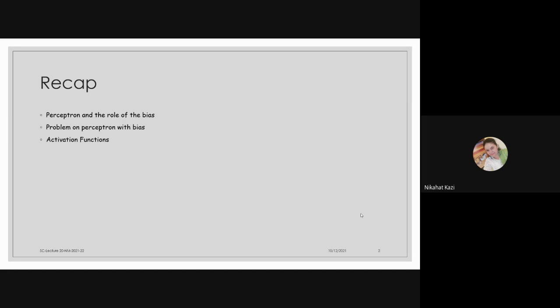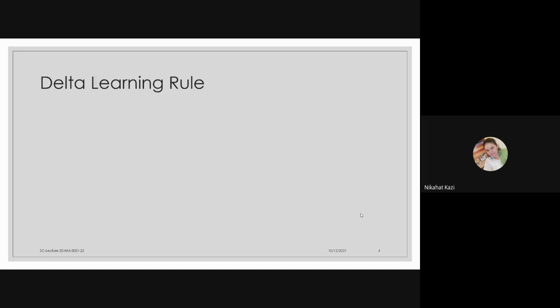So today we'll move ahead and we will study one more learning rule that is known as the delta learning rule. Let us try to understand what the delta learning rule is. The perceptron learning rule, as we all know, is a binary neuron learning rule.